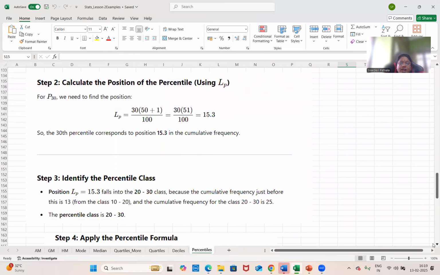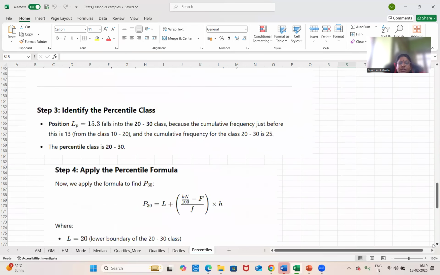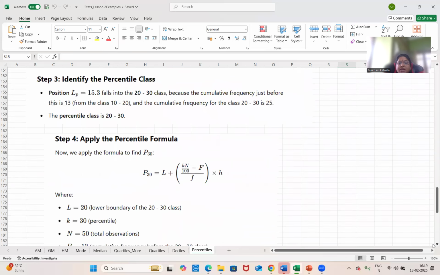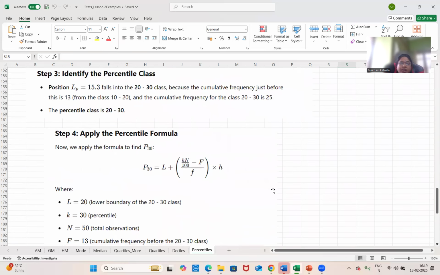So now substitute the values for your percentile. We know the formula is L plus (K into N by 100 minus F) by f into h. Now apply the formula.